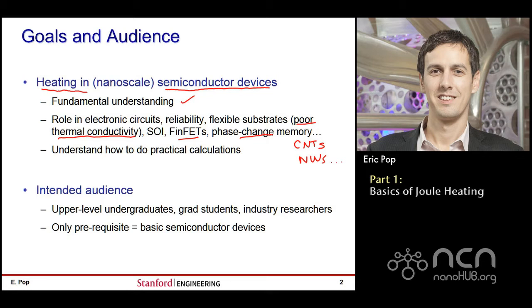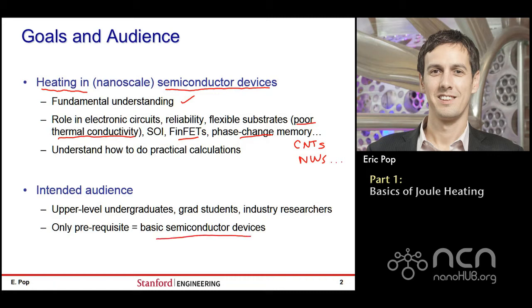And also, I think a very important goal of this course is to understand how to do practical calculations in fairly simple terms, such that we are able to apply them, for example, in our labs while we are conducting actual real-time measurements. The intended audience of this course is upper-level undergraduates, graduate students, and industry researchers, basically folks who are involved in research in this area.